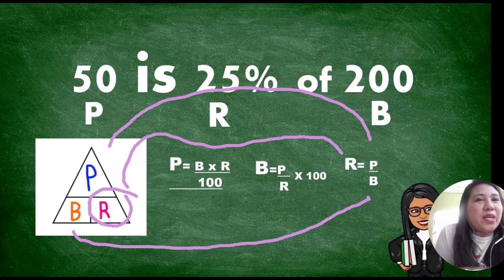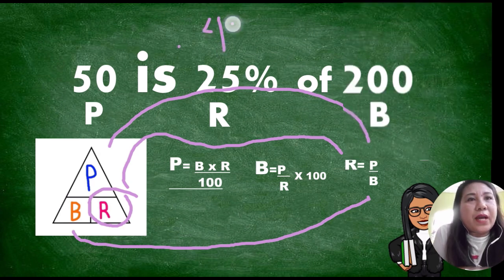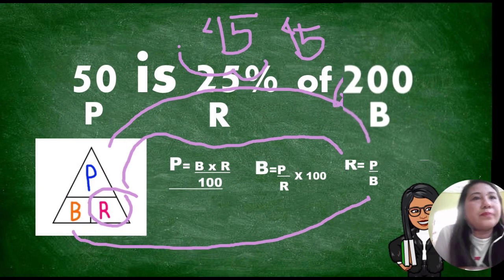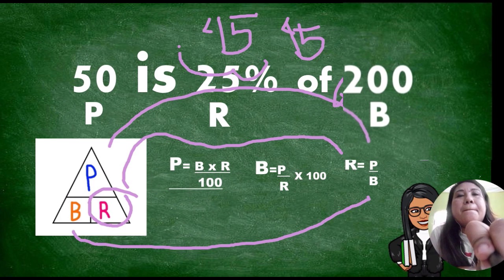So as we have said a while back, if you are going to get the rate, make sure to move the decimal point 2 times to the right. Example, 0.45. Move the decimal point to the right to make it 45%. Did you get it?